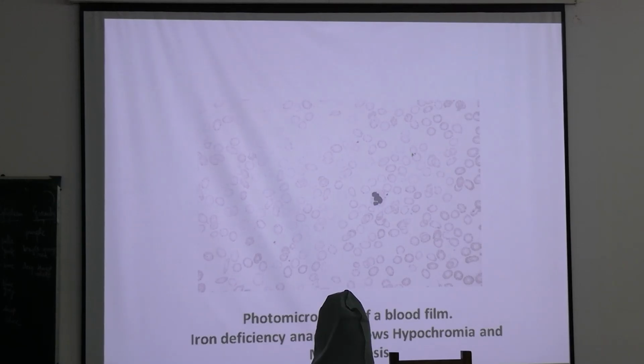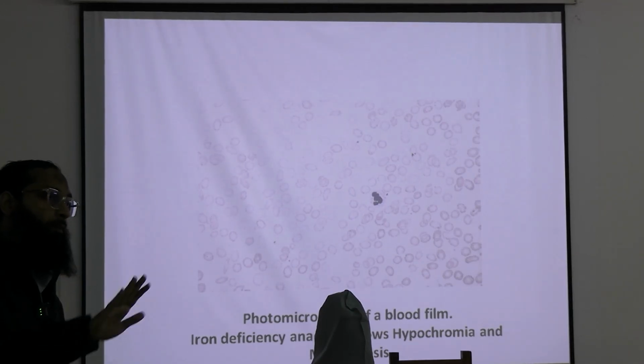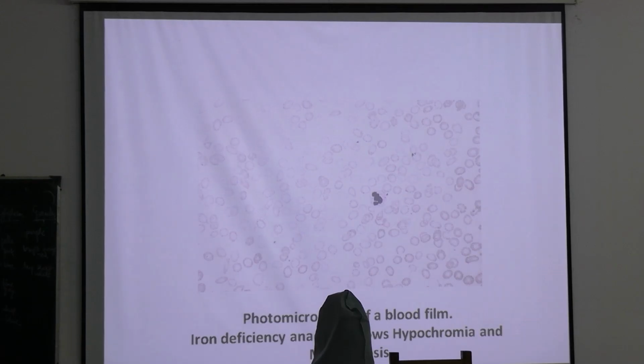If you are looking at the PBS, then you first have to find a small lymphocyte, then you can compare. But what other thing can you tell here? Yes, very good. The central pallor is actually too much increased, so you can say it to be hypochromic. And remember that if the RBCs are hypochromic, they will definitely be smaller in size. So, hypochromic RBCs are present.